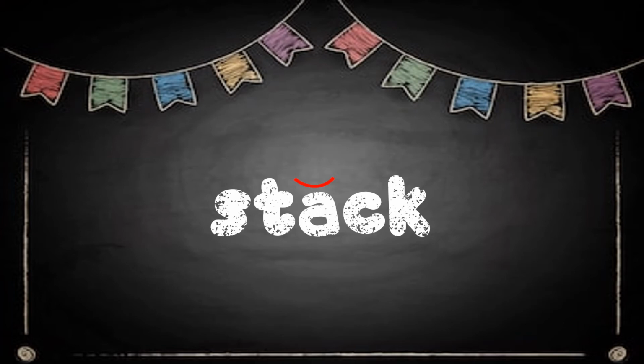We also see digraph CK. And remember with digraph CK, we cross out the letter C so we remember not to read it. It is silent. This is the word stack. Please put the stack of papers on your teacher's desk.